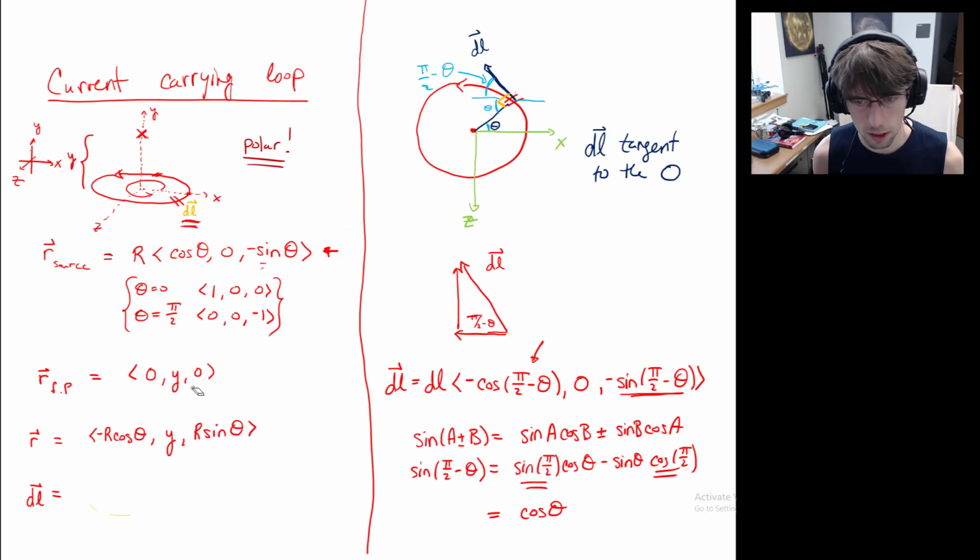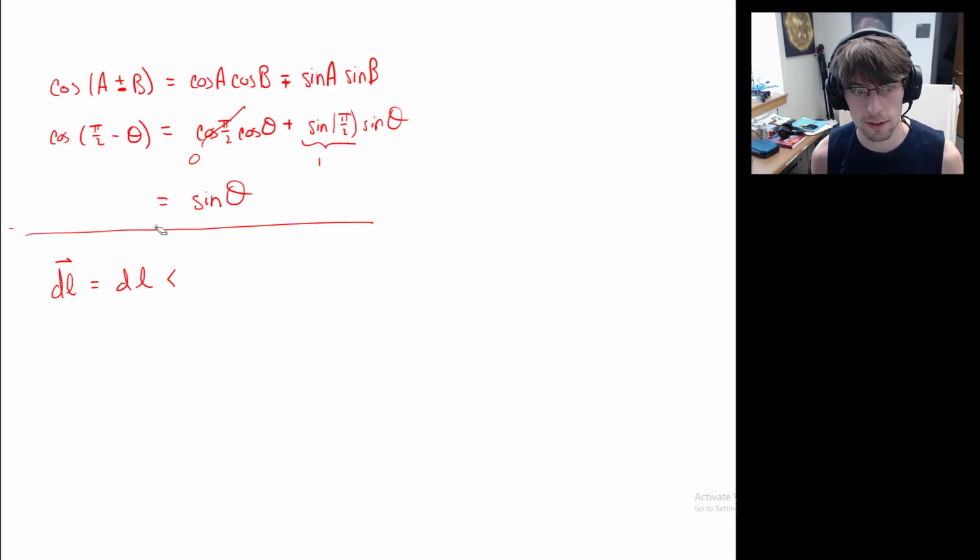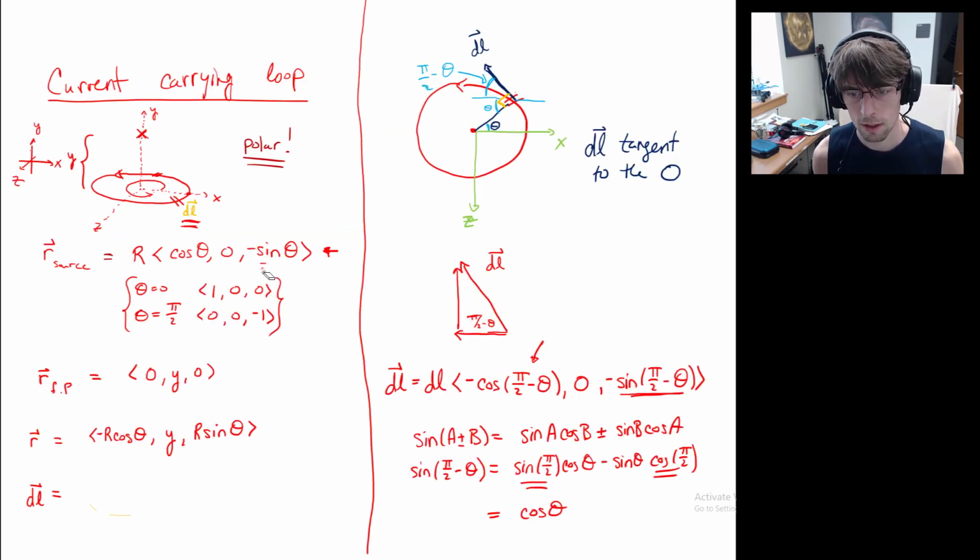So for our x component, we have just the sine of theta. And for the z component, we have the cosine of theta. Keep in mind, excuse me, we have to keep those negative signs in there.